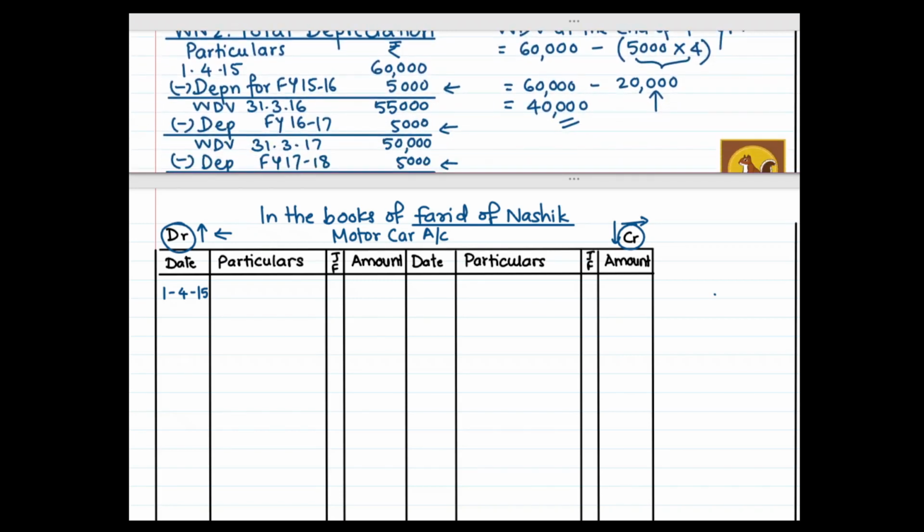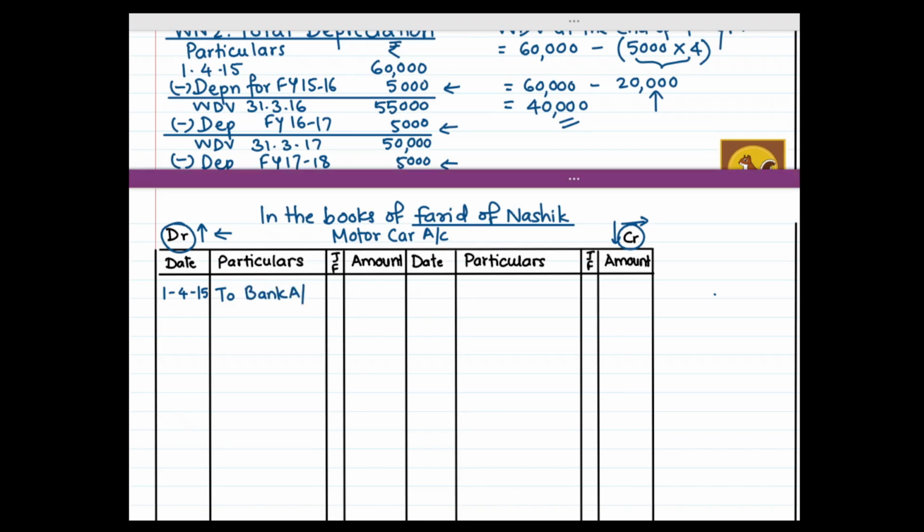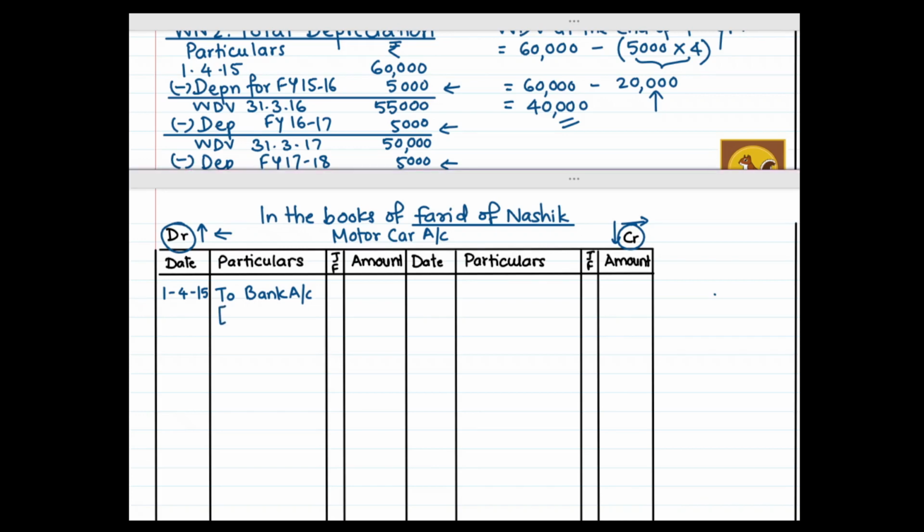The asset was purchased on 1st April 2014. That time what will be the entry? Motor car account to bank account, to cash or bank account, generally bank account. And we know this amount is 55,000 plus 5,000. You can directly write 60,000. This is for your understanding.